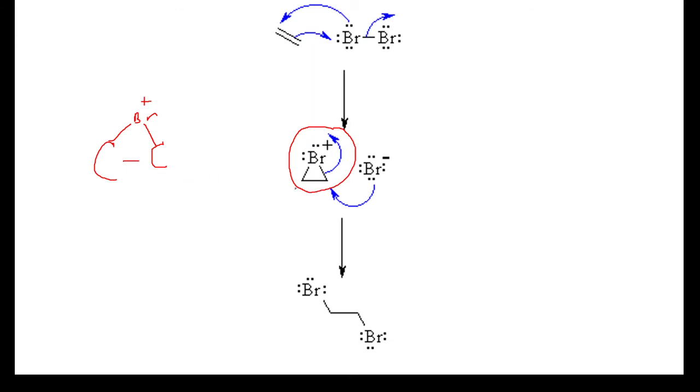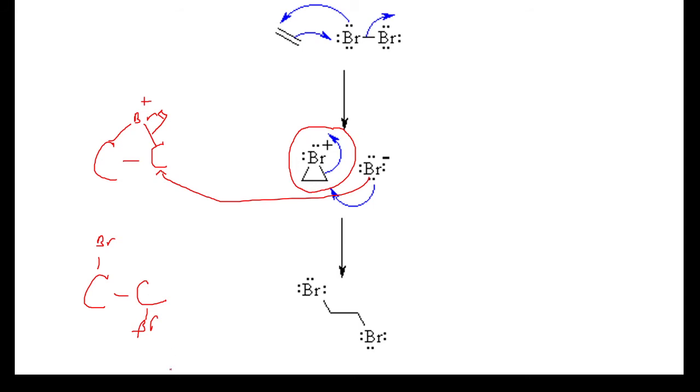What then happens is that the negative attacks the bottom, as we see here. And the reason it attacks the bottom is steric hindrance. It can't get through up here. So it attacks the bottom, which causes this bond to break, giving the electrons back, and ending with something that looks like this.